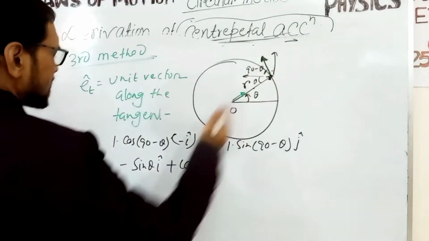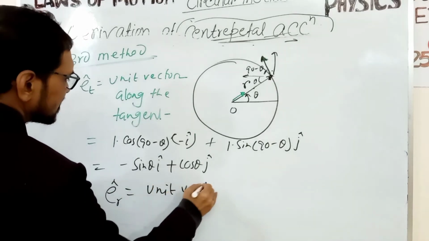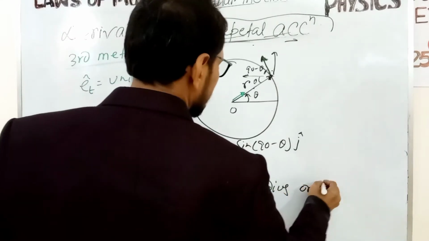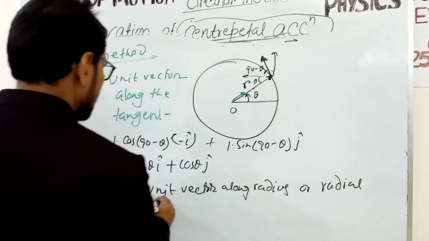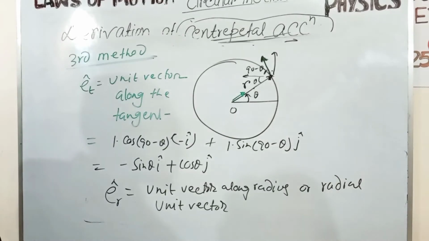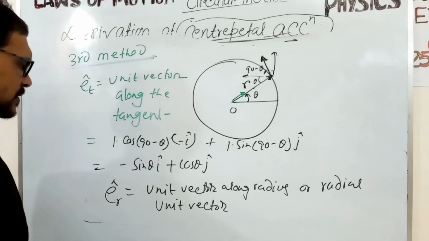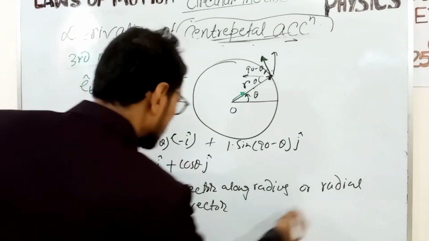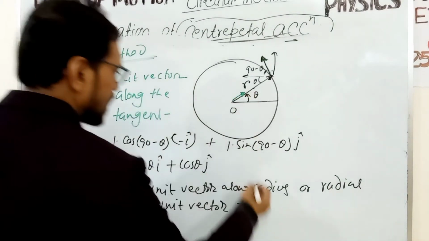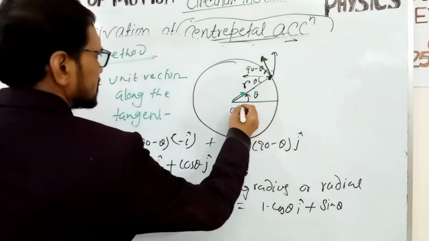Now the unit vector along the radius, the radial unit vector er, which is equal to 1 cos theta i plus sin theta j, in this and this direction.